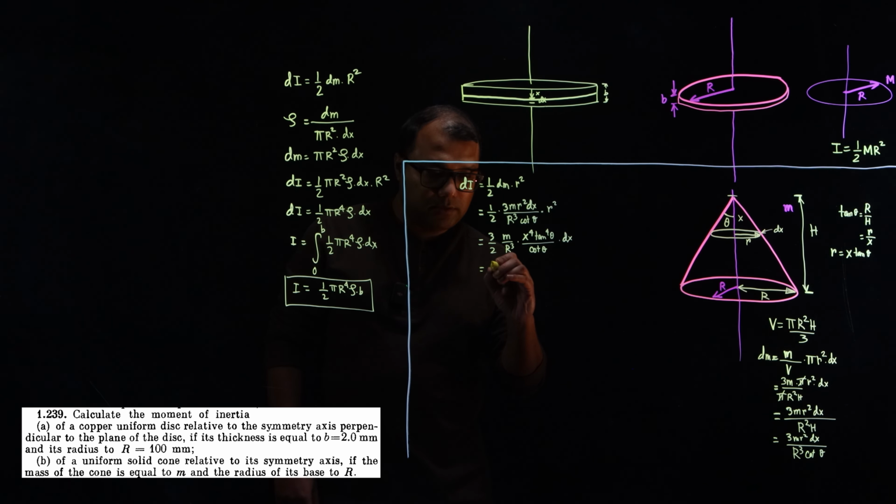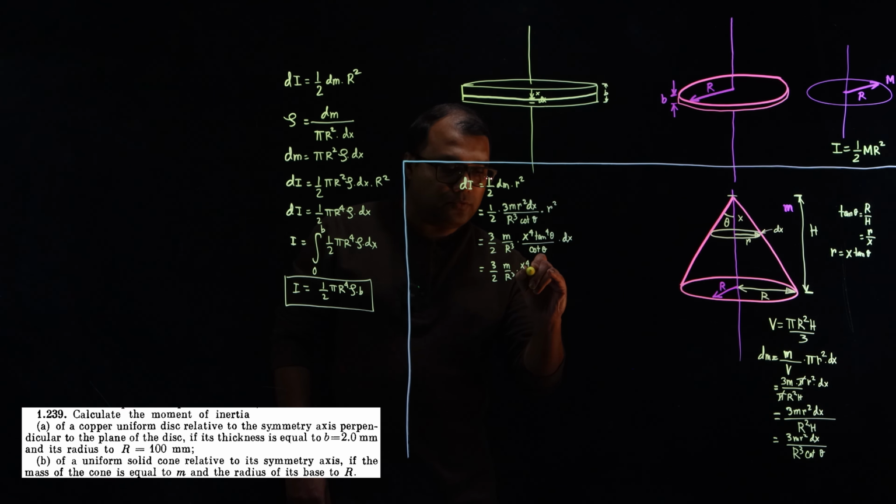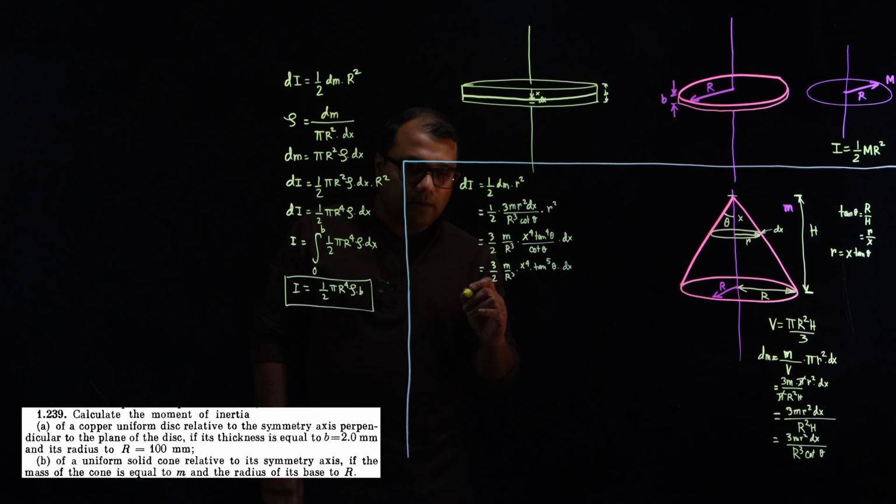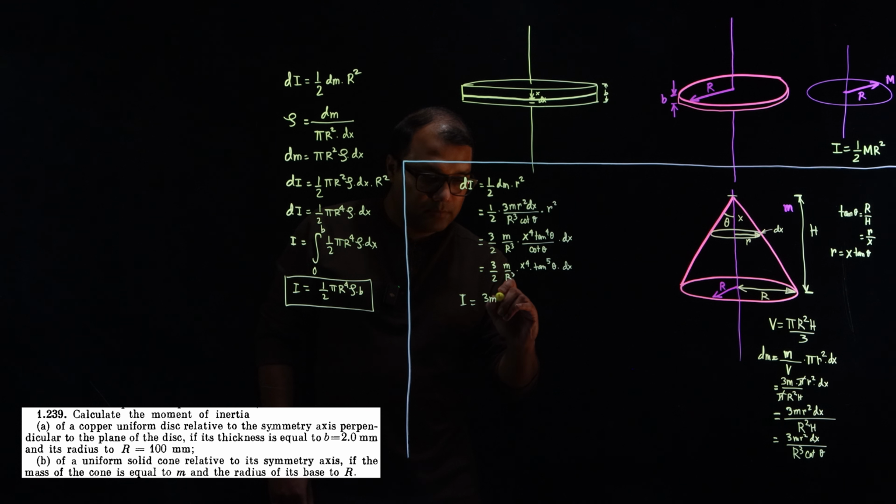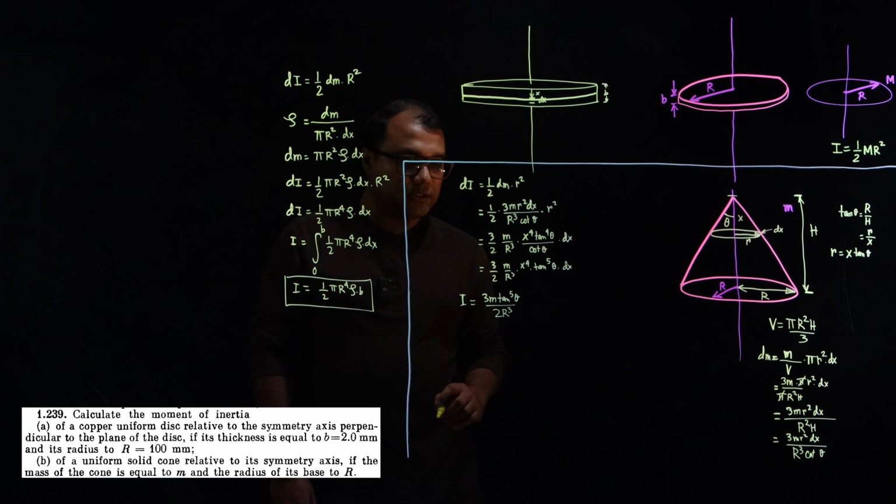So we can write 3 by 2 m by R cube, x to the power 4, tan to the power 3 theta dx. Now if I integrate, all of this is a constant, so 3m tan to the power 3 theta divided by 2R cube, these are all constant.